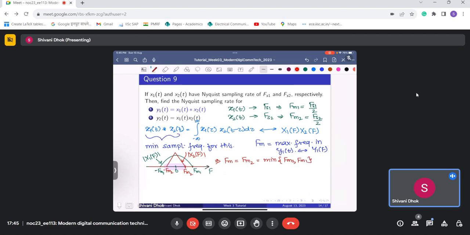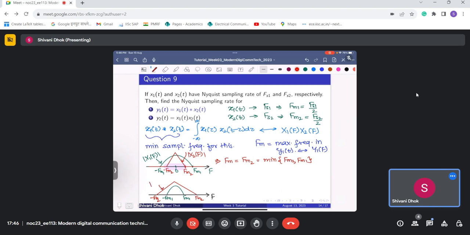Similarly, if I have the opposite case, with this as fm1 and minus fm1, and this something like this, and this will be fm2 and minus fm2.